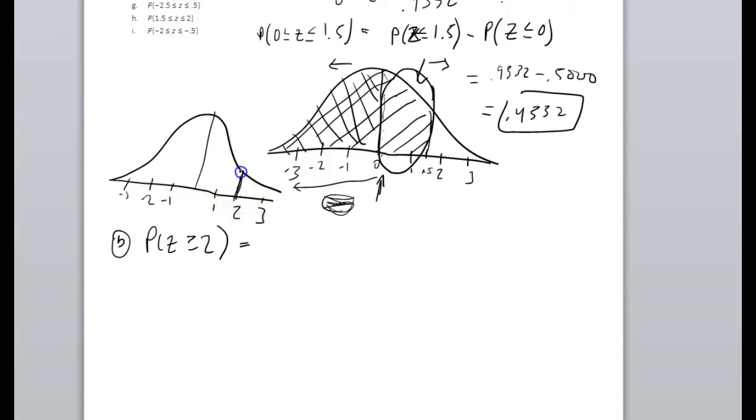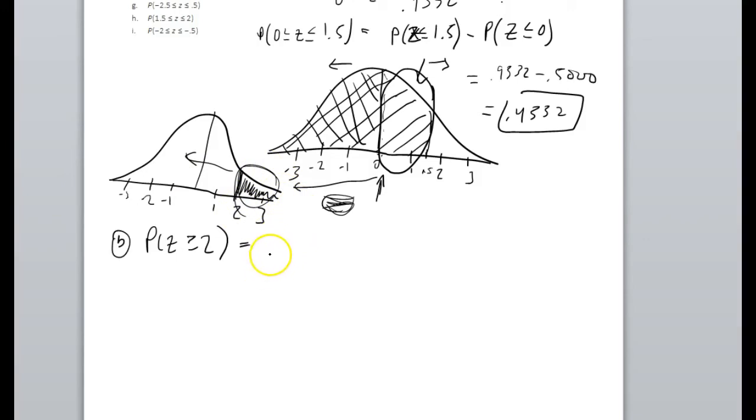This is asking for this point right here and the area right there. Okay, we know if we looked up the z value of 2 in the table, it would give us all the area back this way. Okay, but we need to know this area.